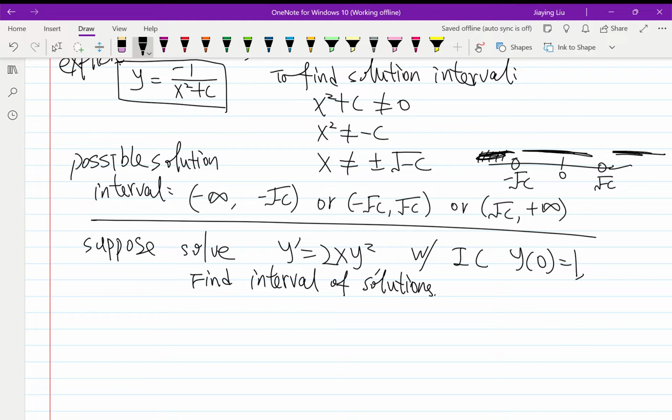It's very similar to what we have been doing, except that now we have an initial condition we have to take into account.